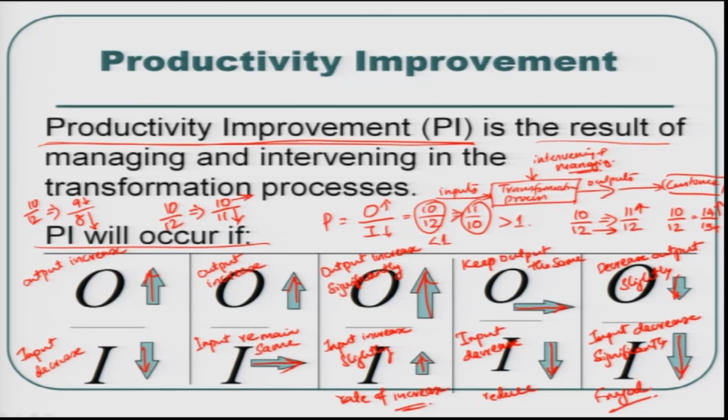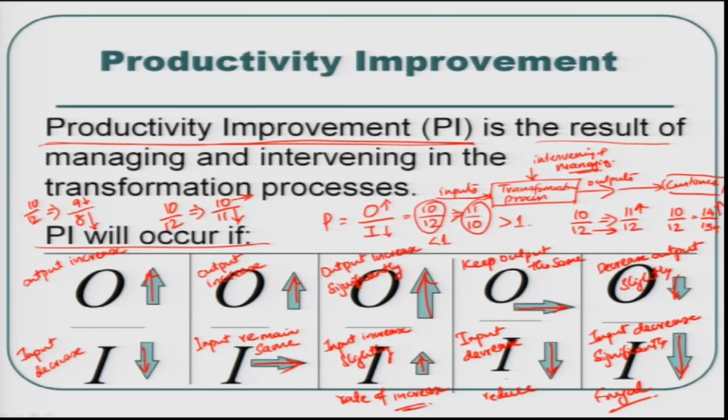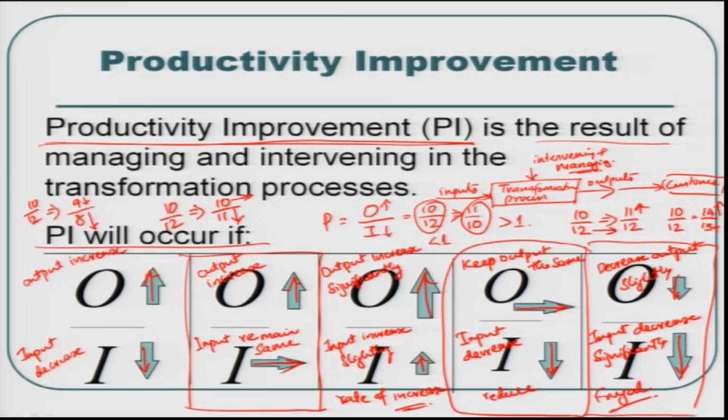So, there are multiple ways you can deal with productivity and you can look at how to improve productivity in multiple fashions. In sustainability, most of the time people think about sustainability as reducing input, but producing more for the same level of input is also sustainability in that regard.